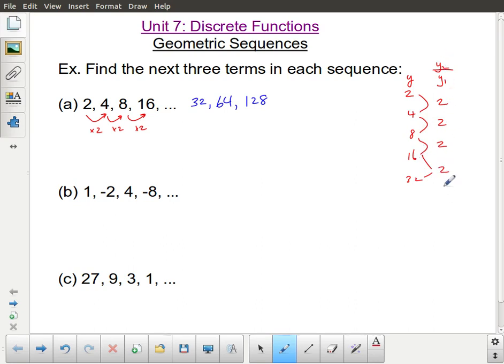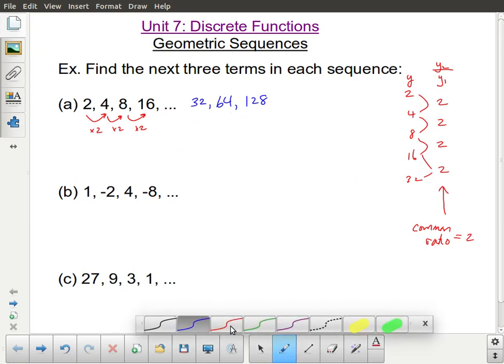When you have ratios like this, this has what's known as a common ratio, and that common ratio is 2. That's actually an exponential function. This is something we've looked at before, but now we're going to look at it in a slightly different way. I wanted to give you that background, but let's press forward and see if we can continue to make some sense of this.